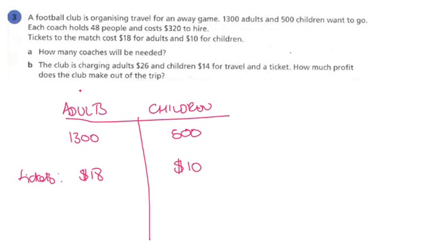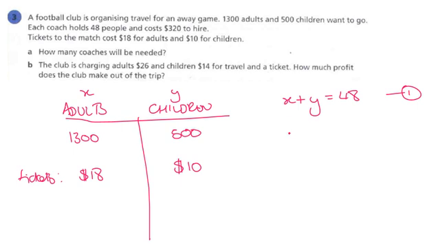Okay, so if we call adults X and children Y, then each coach will hold 48 people. So the number of adults plus the number of children will be 48. That's equation 1. And the tickets to the match cost $18 for adults and $10 for children.